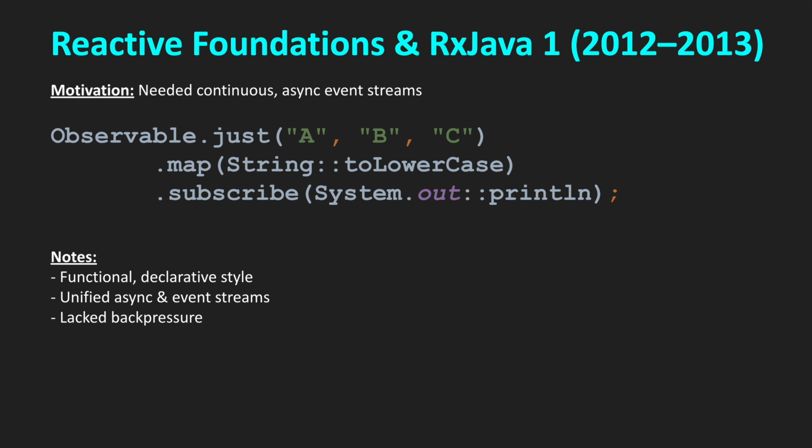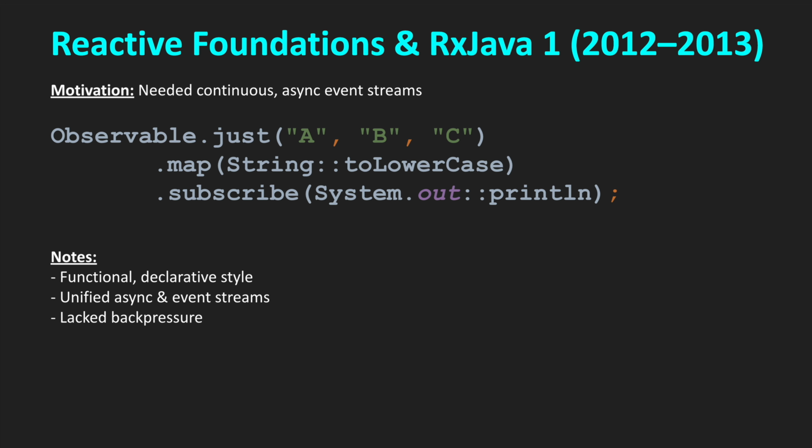The next one, introduced around 2012 and 2013, is RxJava 1. RxJava 1 was introduced by Netflix as a counterpart to the observable pattern that already existed in C#. The observable pattern is another way of saying that we have a producer. I've already mentioned that we use either producer or publisher. Another way to say that we have a publisher is observable.